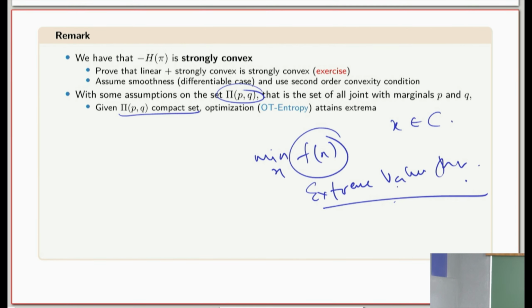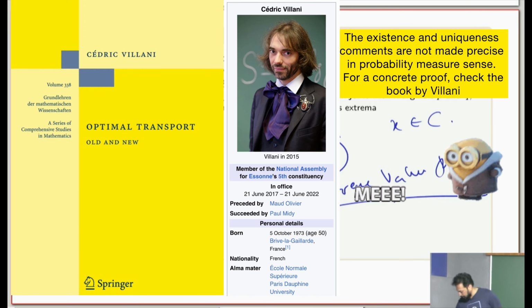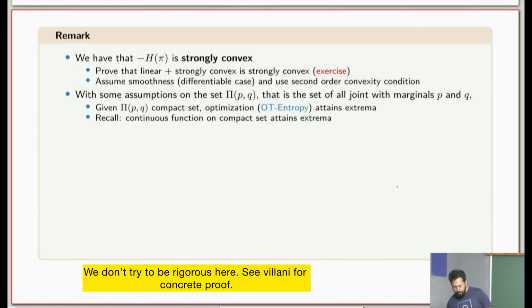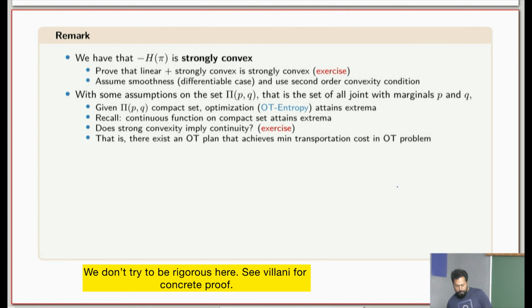Convex function, is it continuous? Take it as an exercise. Then we have the extreme value theorem set up, that a continuous function on a compact set. So essentially from the maths point of view, we do have a guarantee of some sort that the minimum will be achieved.